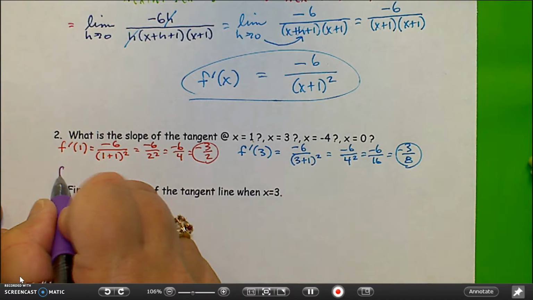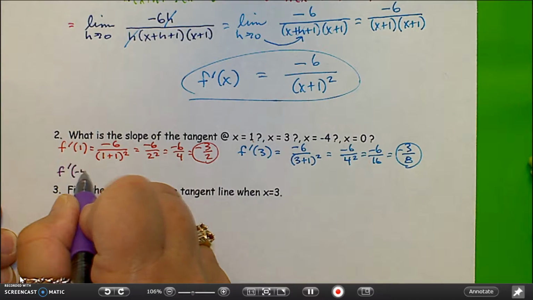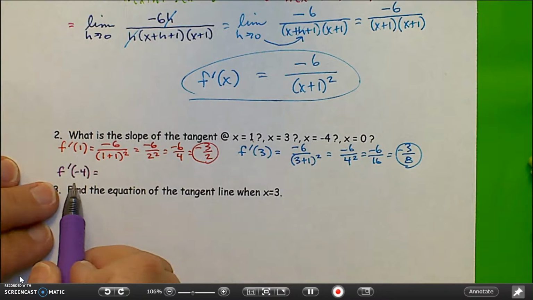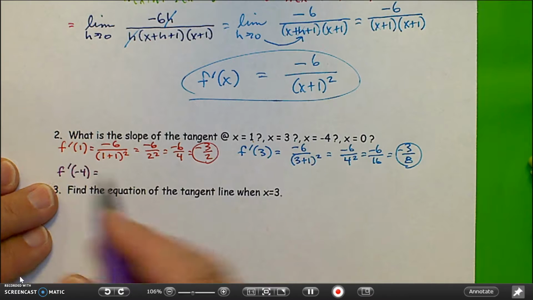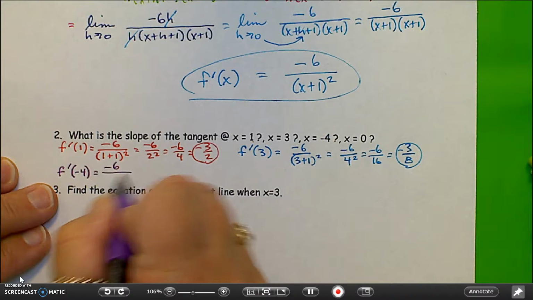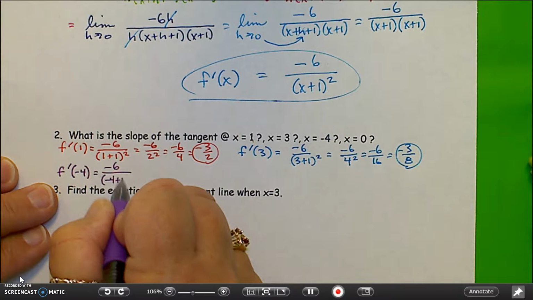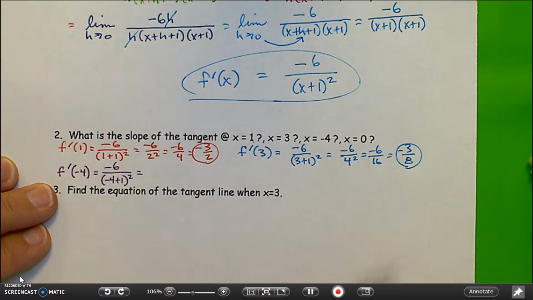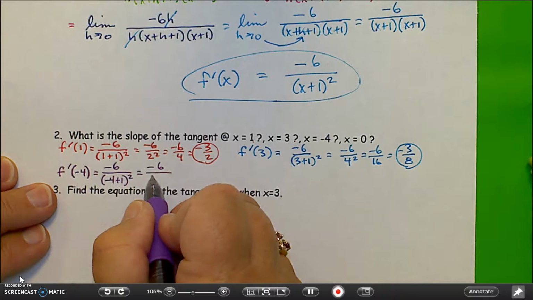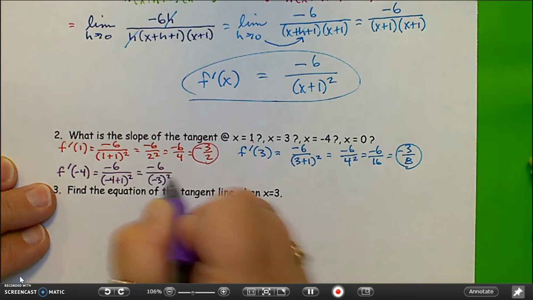At x is negative 4, f prime at negative 4 will give me the slope of the tangent line to the curve at x equals negative 4. Plug in negative 4 here. What do I get? Negative 6 over negative 3 squared.